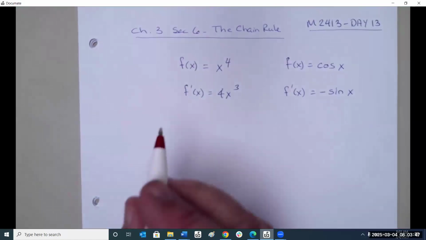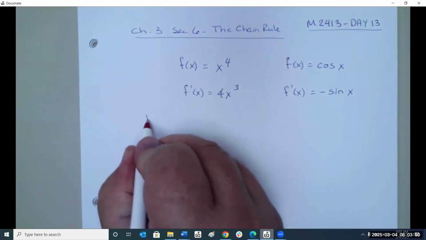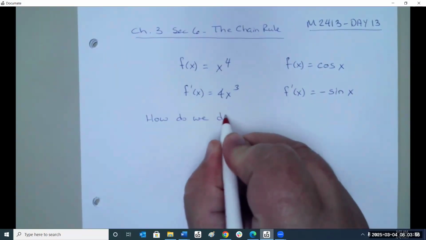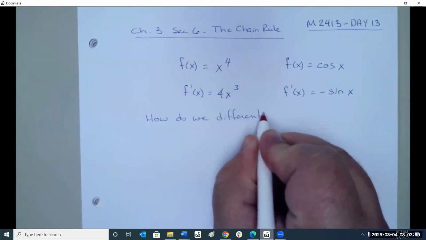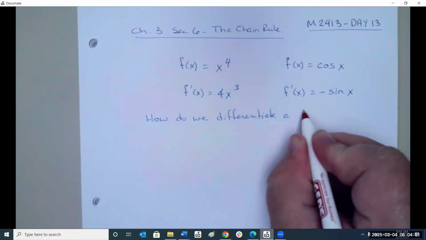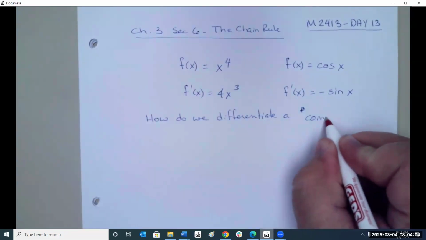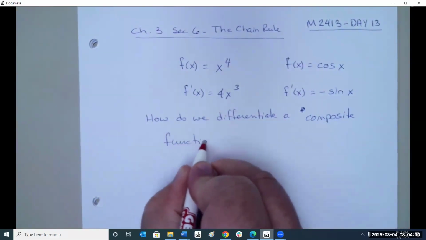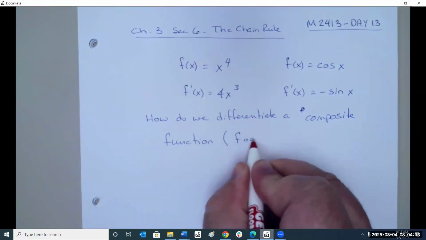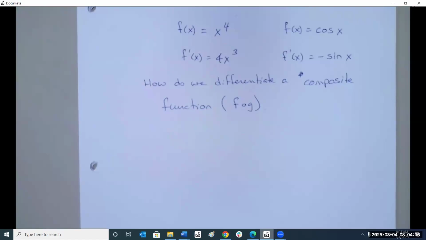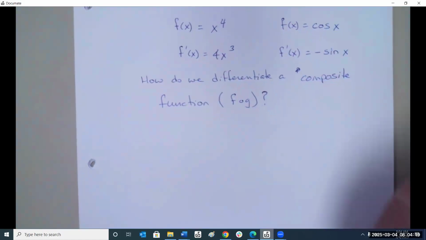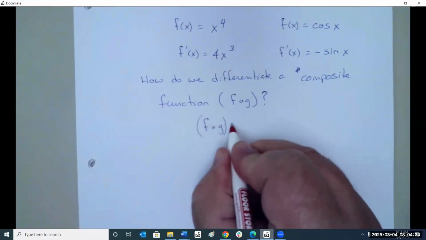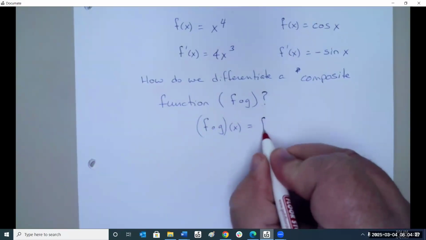But what happens if we have something? How do we differentiate a composite function, f of g? And to recap, a composite function is a function within a function.